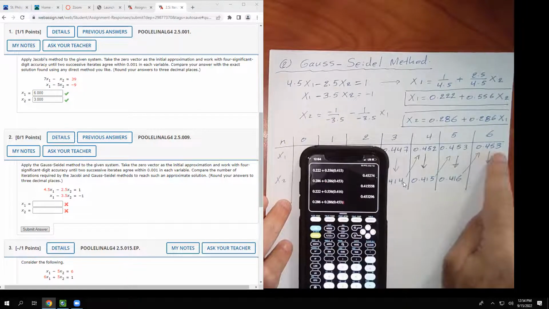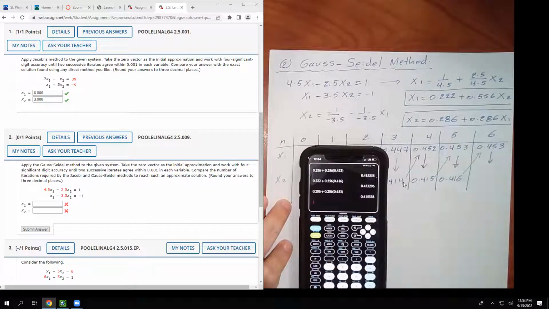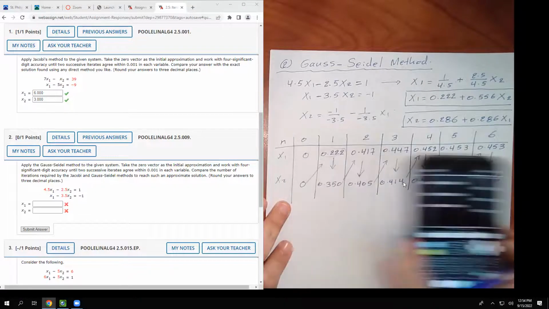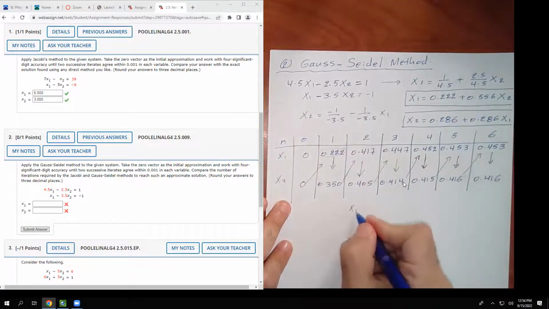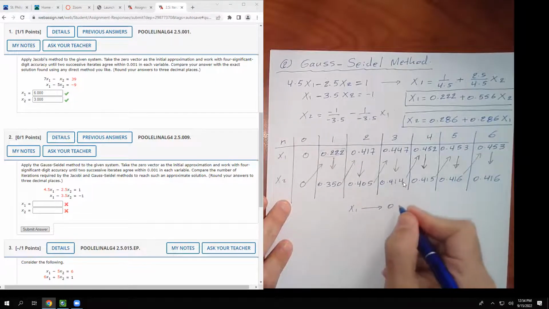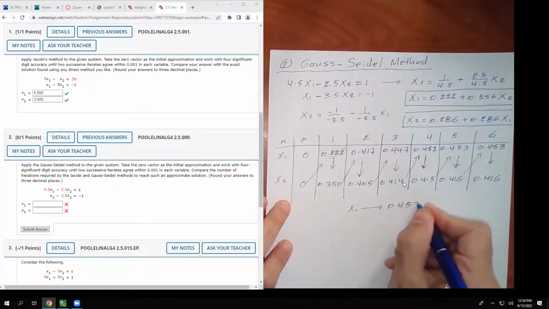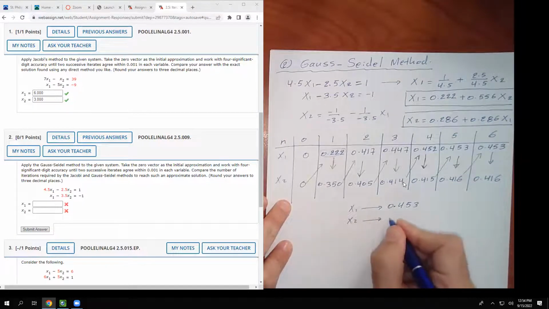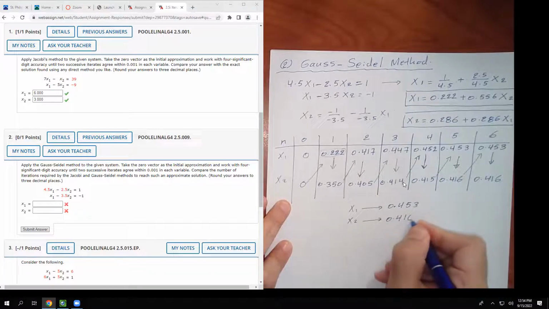It was 453. So this one is going to be 0.416. That means x1 converges to 0.453 and x2 converges to 0.416.